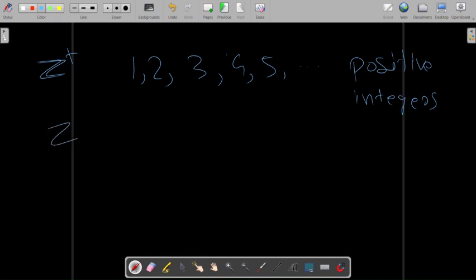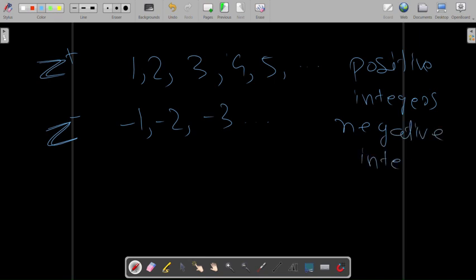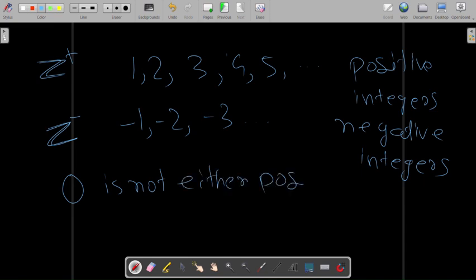The set of negative integers is denoted by Z minus, and the numbers are obviously -1, -2, -3. These are all negative integers. We have to remember one thing, that 0 is neither a positive nor a negative integer.